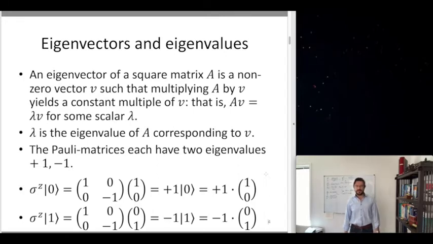But if I apply it to the state 1, it changes the phase of the state 1. So plus 1 becomes minus 1. That's what happens here. Each of the Pauli matrices has two eigenvalues, plus and minus 1. And this is what we see in that multiplication below.